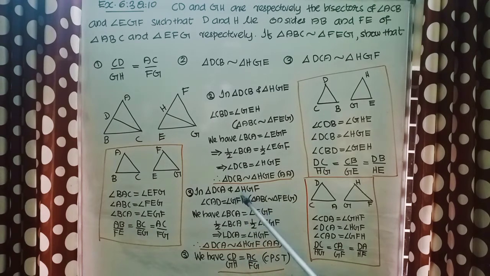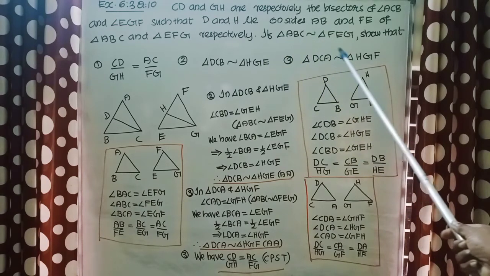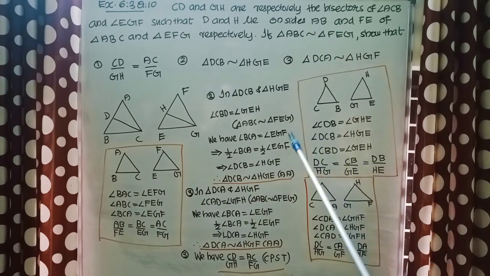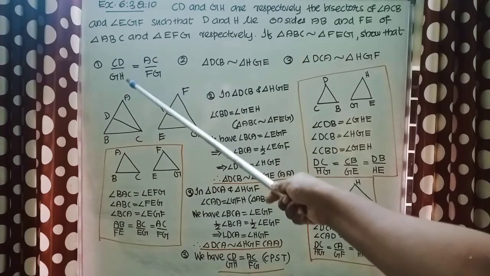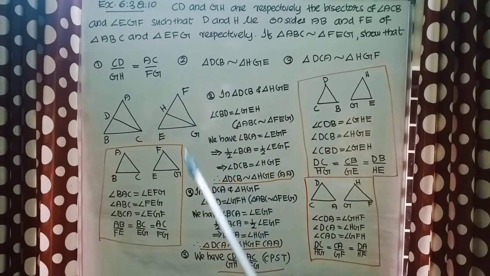So here we have got one angle, and here one more angle. So we can conclude triangle DCA is similar to triangle HGF by AA similarity criterion. So we have proved these two pairs of triangles are similar. There is one more question remaining. First question, CD by GH equal to AC by FG.